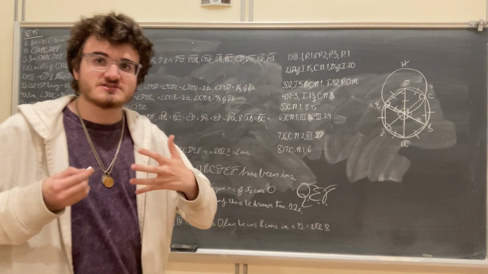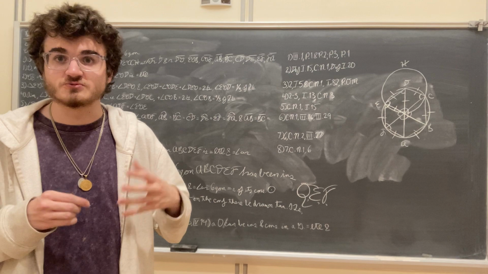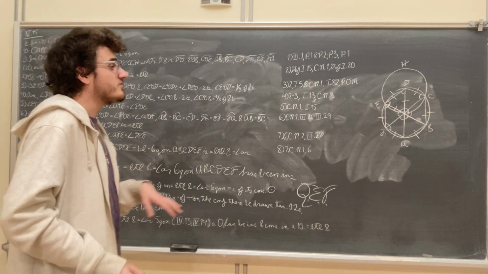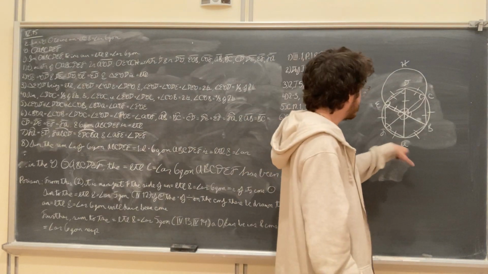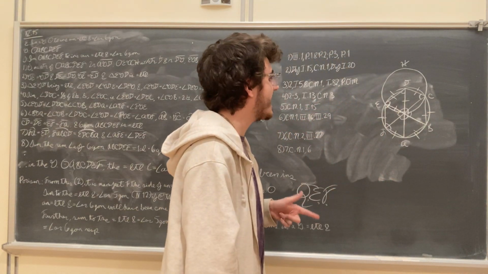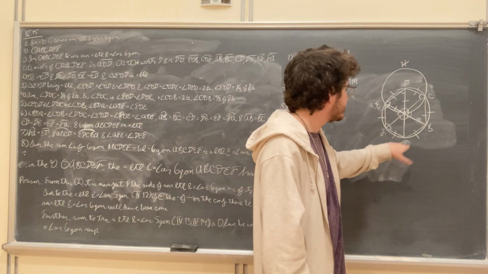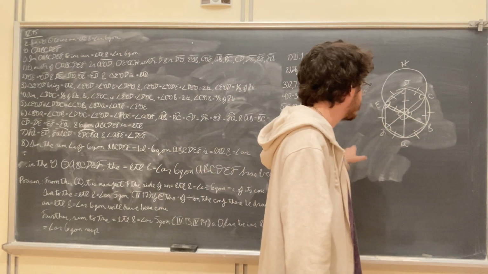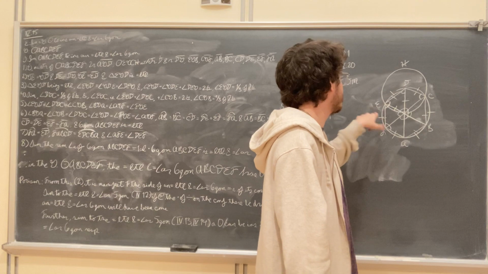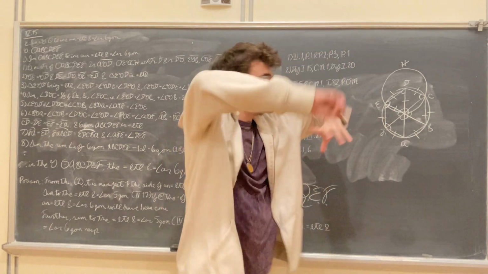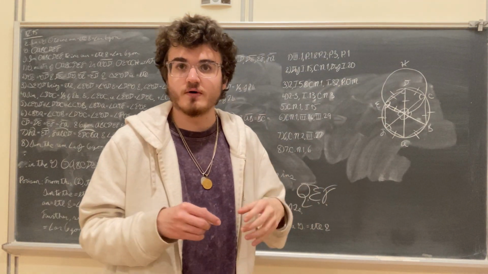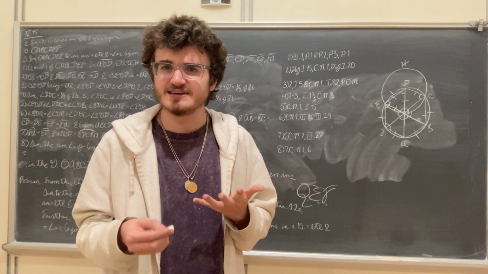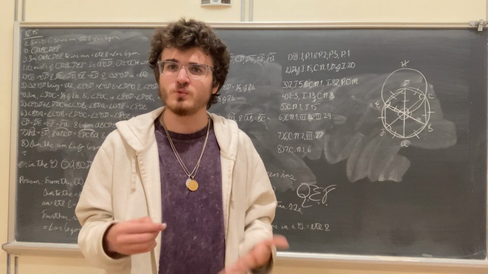But the method of circumscribing a hexagon is going to be the same as proposition 412, which means that if we draw to our given circle ABCDEF tangent lines at all the vertices of our regular hexagon, so we draw a tangent at A, B, C, D, E, and F, then these 6 tangent lines will form a regular hexagon. We can prove this just as we did in proposition 412.